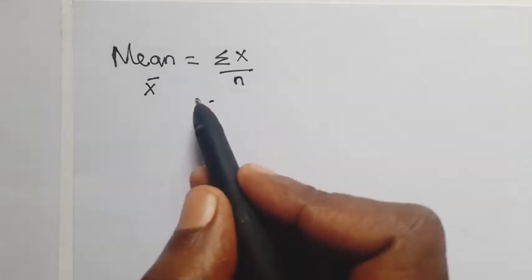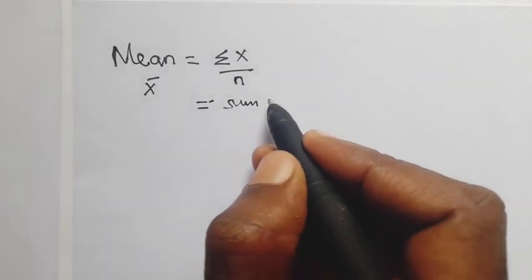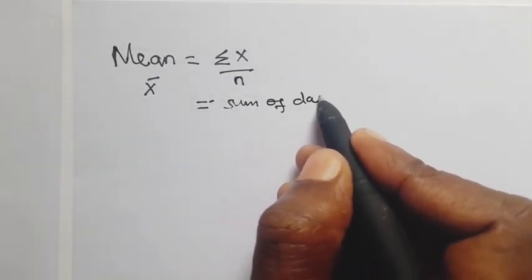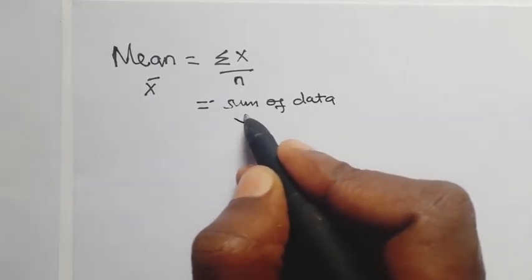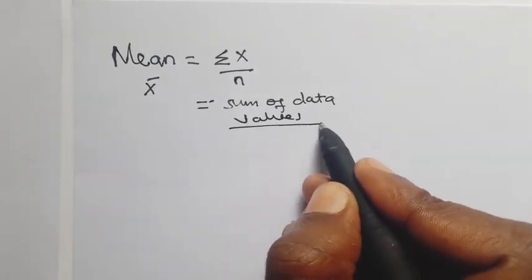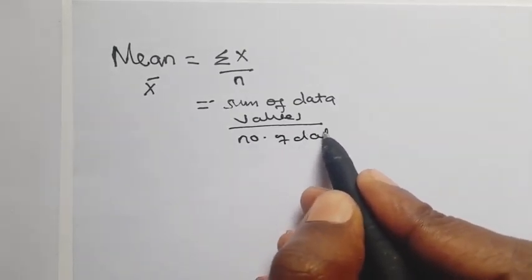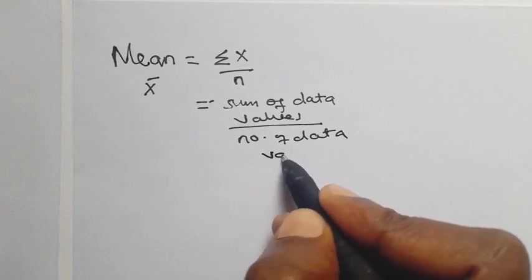And we can as well put it in writing that this is the sum of data values divided by the number of data values.